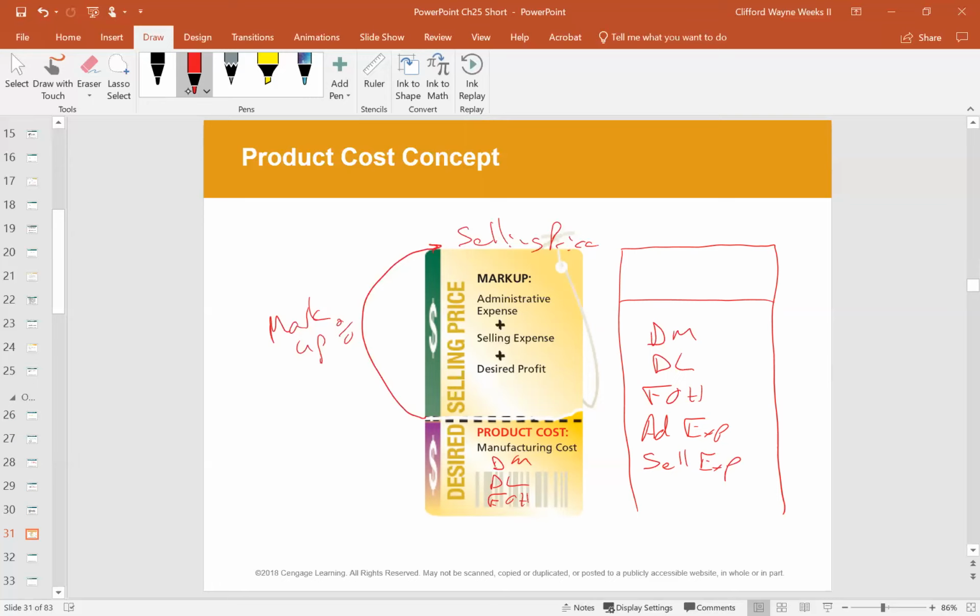And so really, our markup is going to be a lot smaller as a percentage of our selling price. This only has to be enough to cover your desired profit. And variable cost, we're not going to do this one, but the variable cost would be on the bottom, the denominator, and your fixed costs and desired profit are going to be in the numerator.